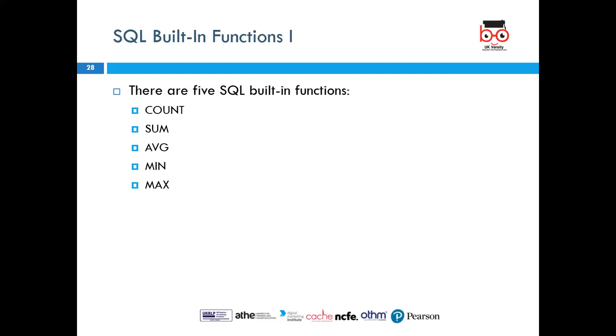There are also built-in functions for SQL, five of them, which are count, sum, average, min, and max. These built-in functions do not require us to retrieve them or make some query. They come as default.